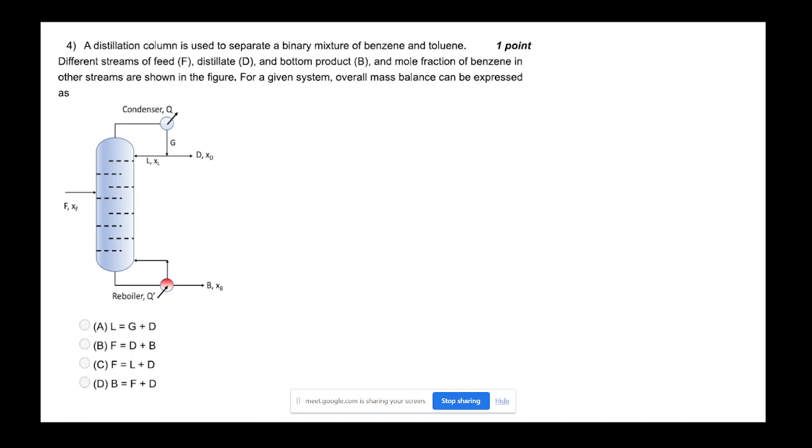Next question is, a distillation column is used to separate a binary mixture of benzene and toluene. Different streams of feed, distillate and bottom product, and the mole fraction of benzene in the streams are shown in the figure. For the given system, the overall mass balance can be expressed as what? For the overall mass balance, you just take into consideration the total amount of material going in, total material input, and relate it to the output.